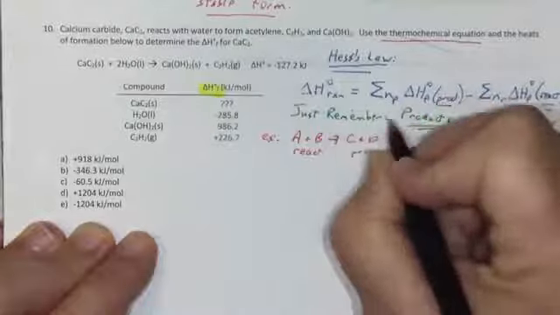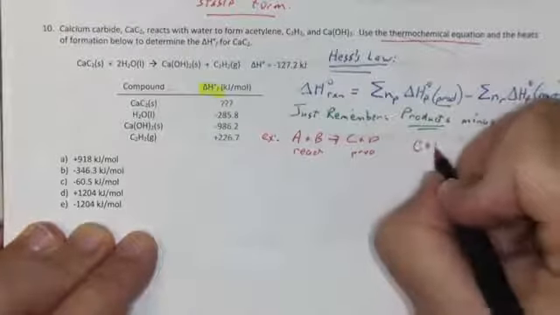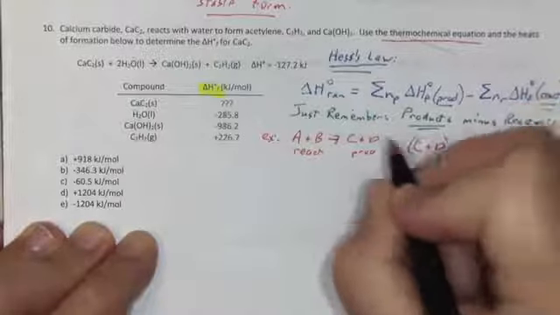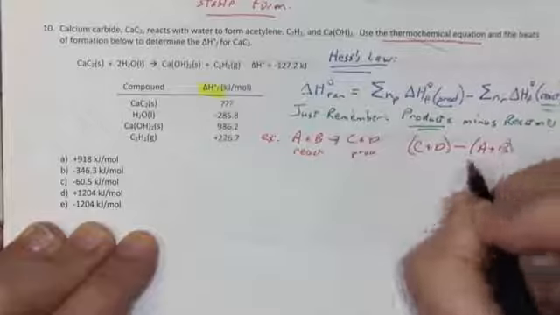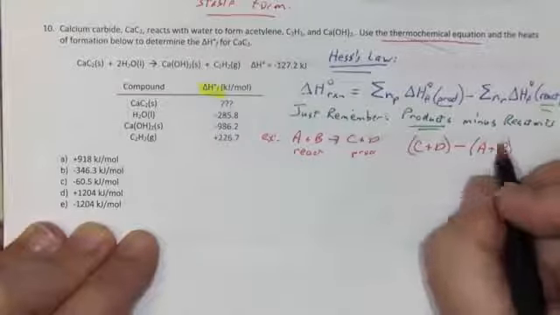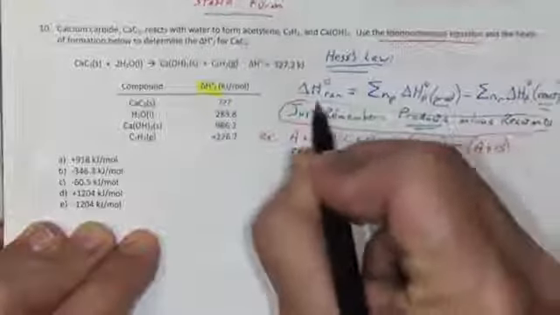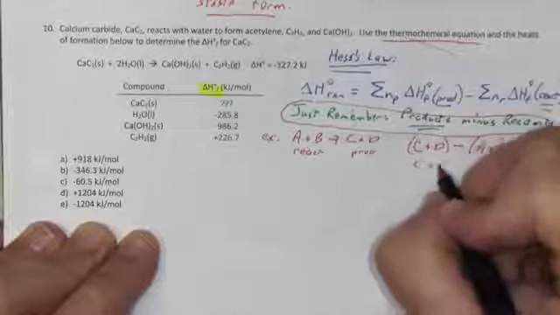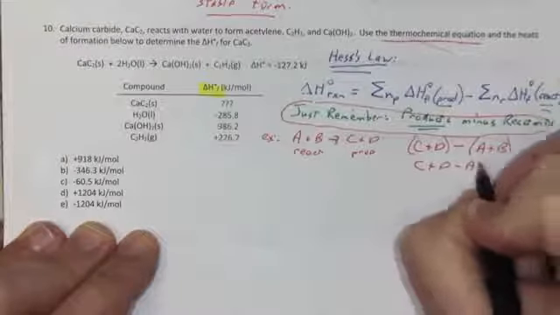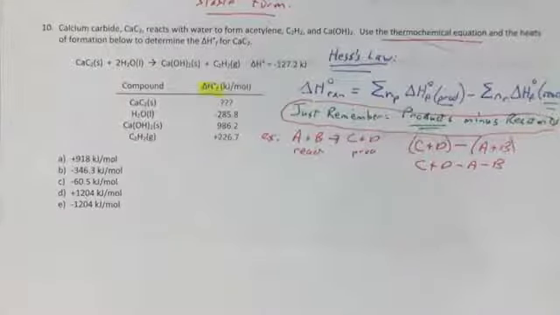When I say it's products minus reactants, it would be C plus D, that's the sum of the products, minus the sum of the reactants, A plus B. But instead of having these parentheses, just remember it's products minus reactants. The distributive principle says we can remove these parentheses, so it's C plus D products minus A minus B. That negative sign distributes.